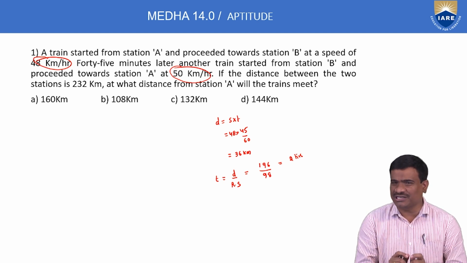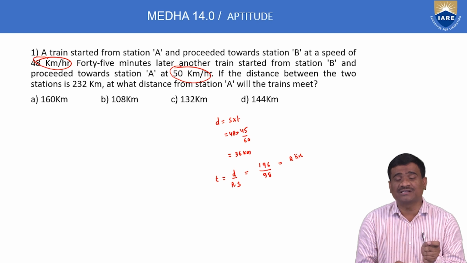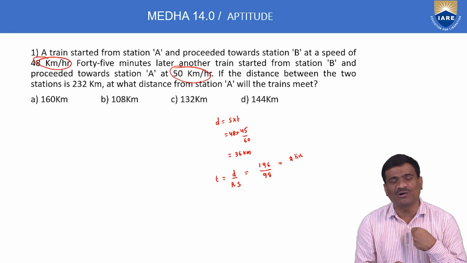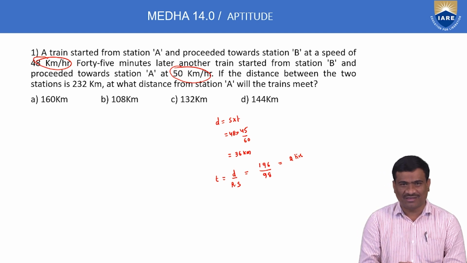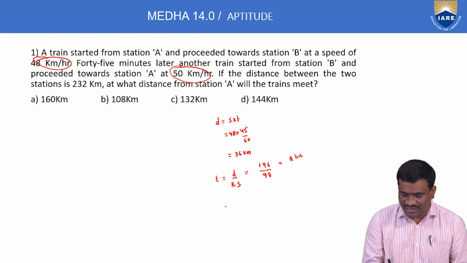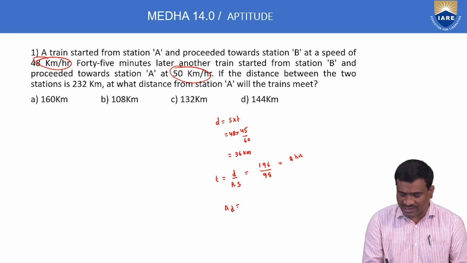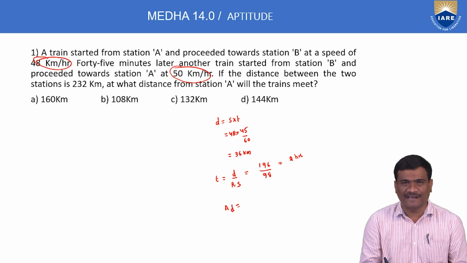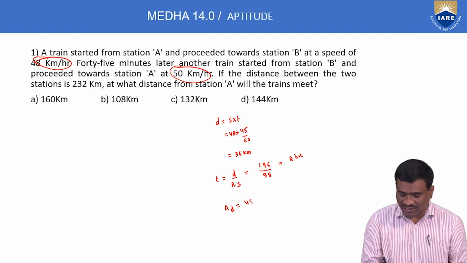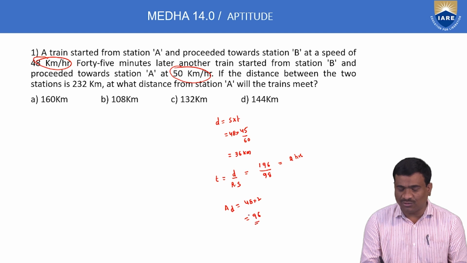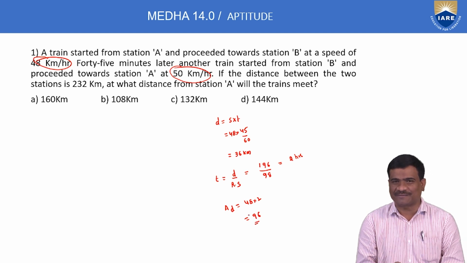Again calculate here. In 2 hours, the distance covered by A. We want only A's distance. A distance is equal to speed into time. A speed 48, time 2 hours, 48 into 2, 96 kilometers.